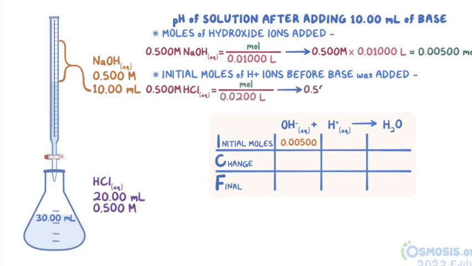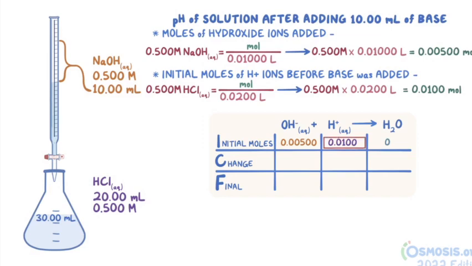Multiplying 0.500 by 0.0200 gives 0.0100 moles of H+ ions. Next, we can plug this number into the I row of the ICF table. To fill out the I row, we pretend we haven't formed any water yet, so we put a 0 under H2O.